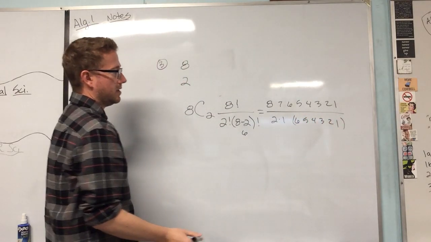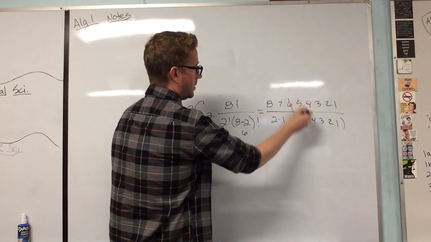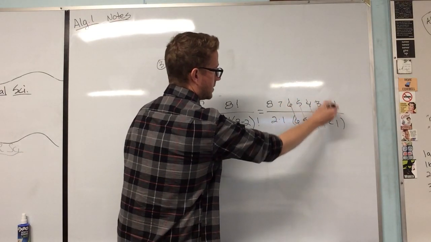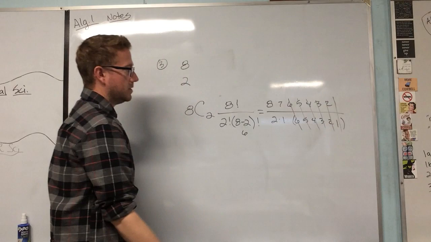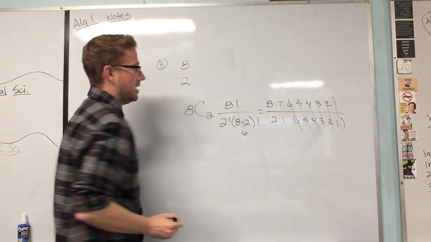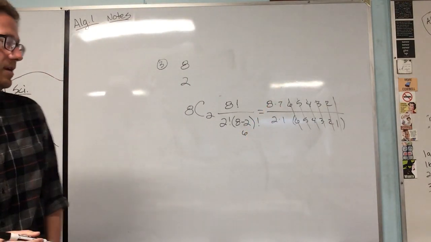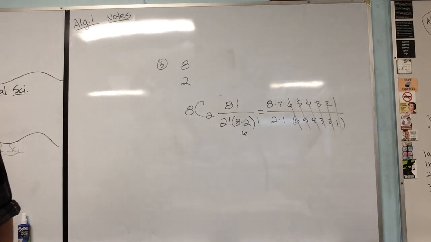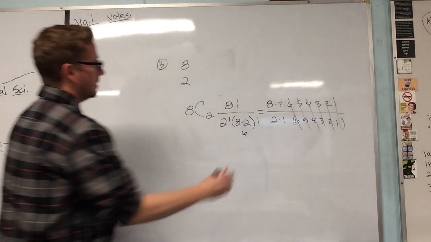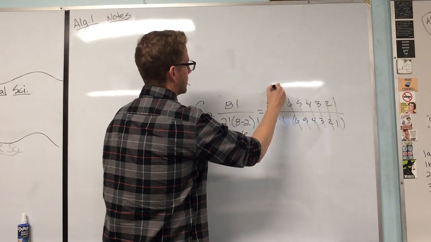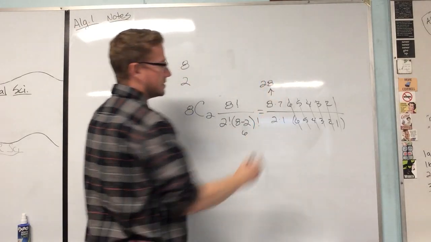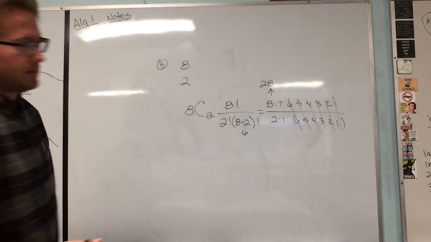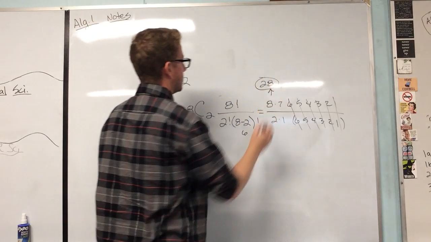That's that factorial there. Now, look at how all of this crosses out. And really what you're looking at is 8 times 7 divided by 2. That simply is going to give you an answer of 28 different ways to find that combination.